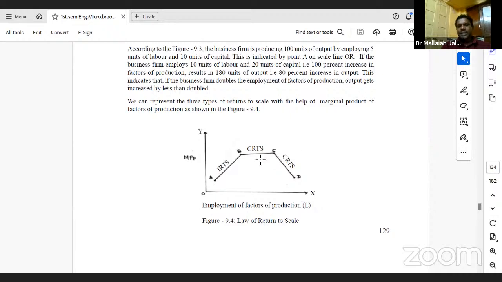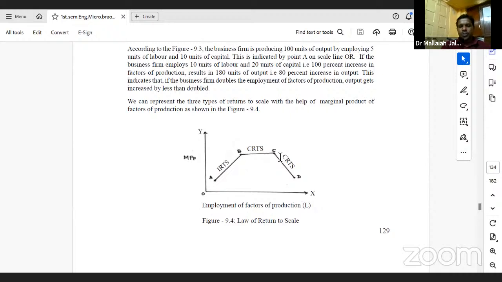And B to C, it is a straight line, constant, stable. That is why we are telling constant returns to scale. A to B is increasing returns to scale because the output we get is more than the inputs we are using. That is why increasing.